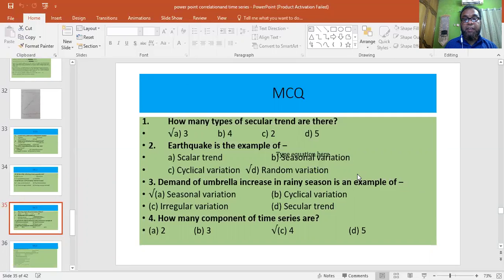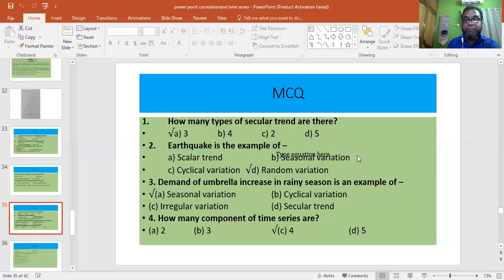Demand of umbrella increase in rainy season is an example of seasonal variation, cyclical variation, irregular variation, secular trend. We know in rainy season there are more rains, so umbrella is needed. This is seasonal variation, because it increases due to season, due to rainfall.